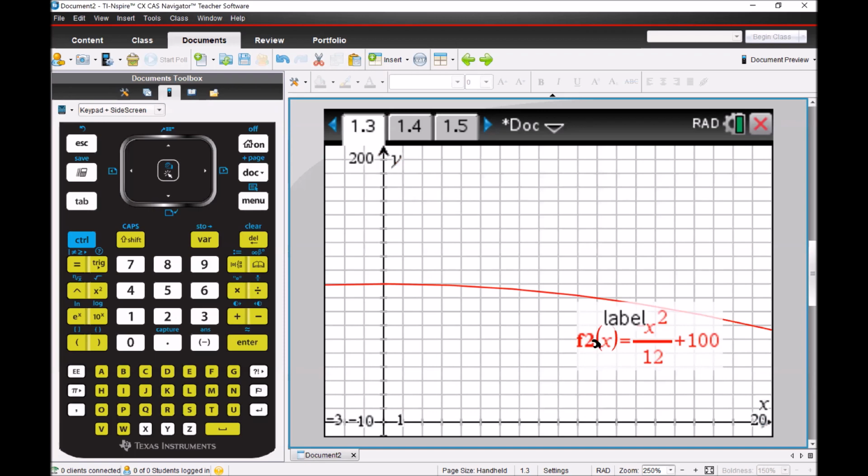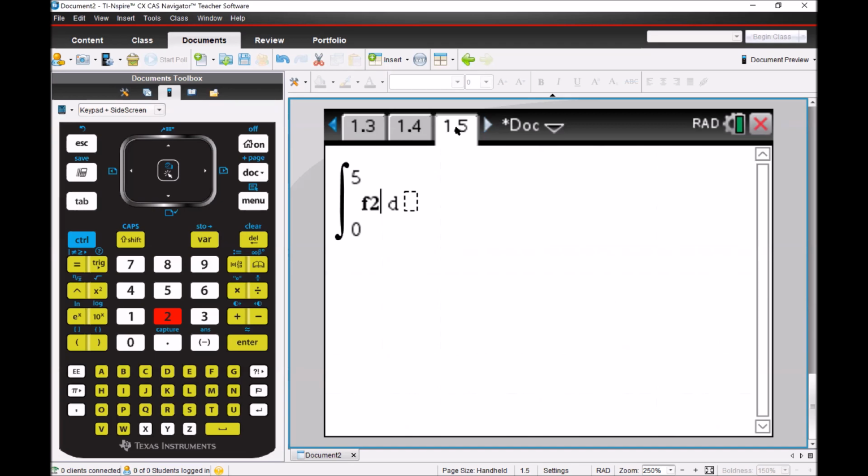Oh, I remember, it was f2 of x. So if we call this f2 of x, we don't have to type in that expression. And I want you to know that that's a feature that spans both the document and the Scratchpad. So if you were just doing this in a Scratchpad, a graph page and a Scratchpad calculator page are in sync with each other. They are communicating basically, okay?